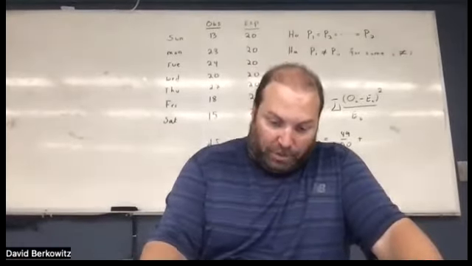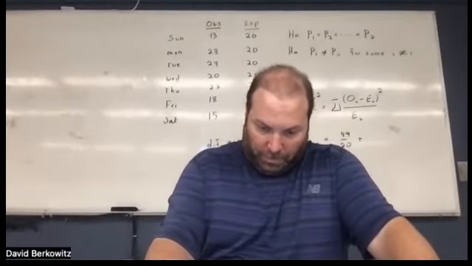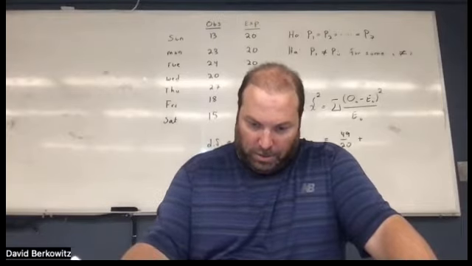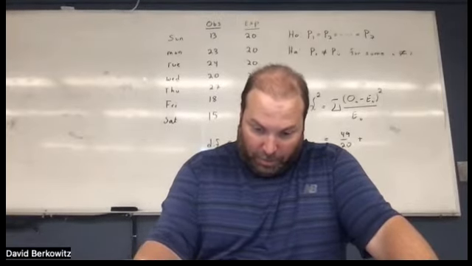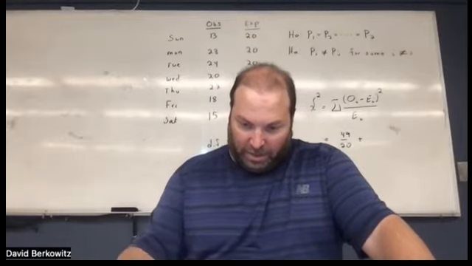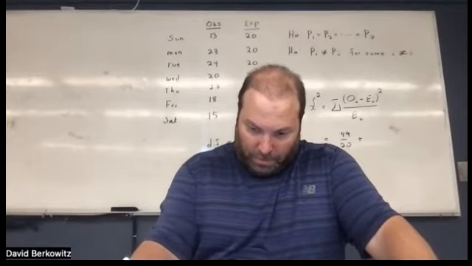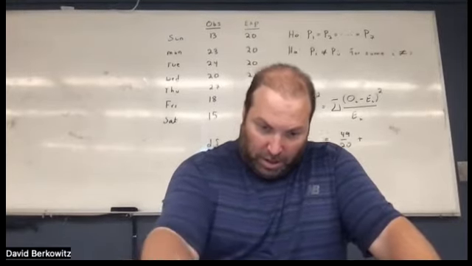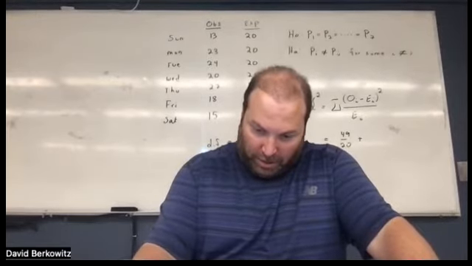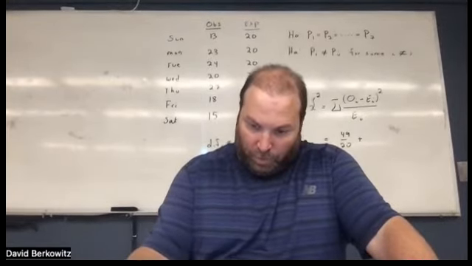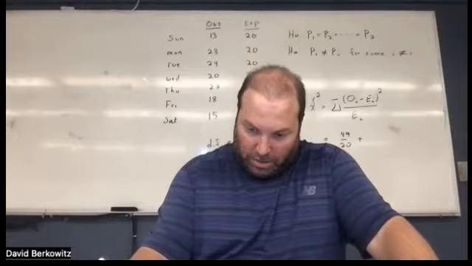So 51, what do I put at 51? Just a dot. What do I put at 68? A line. What do I put at 73.5? A line. And what do I put at 98? A dot.